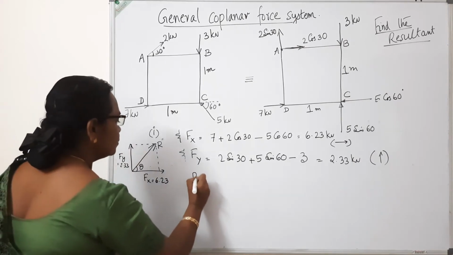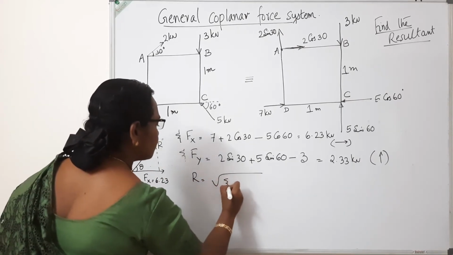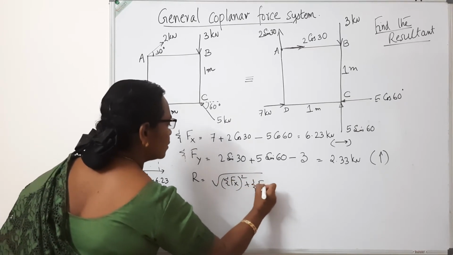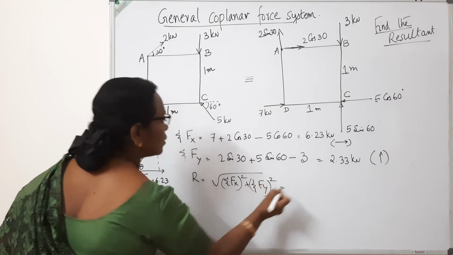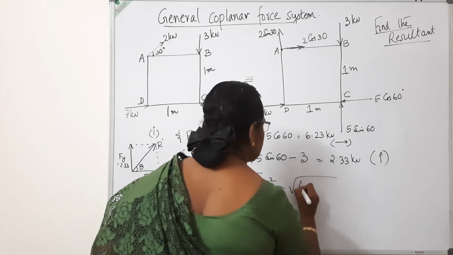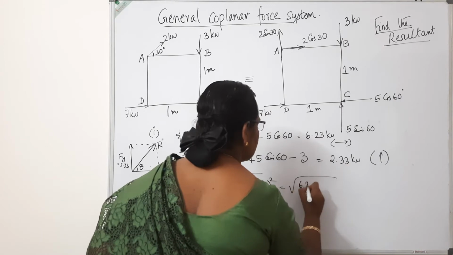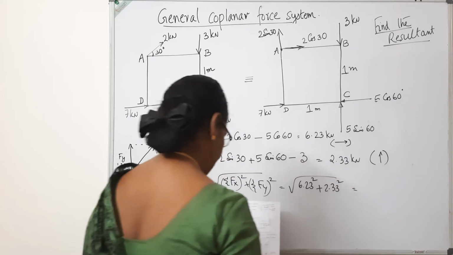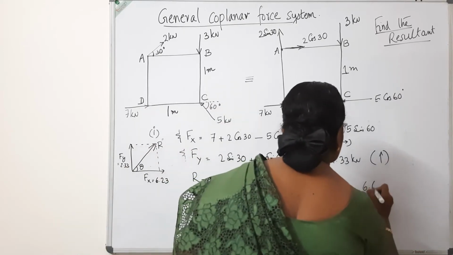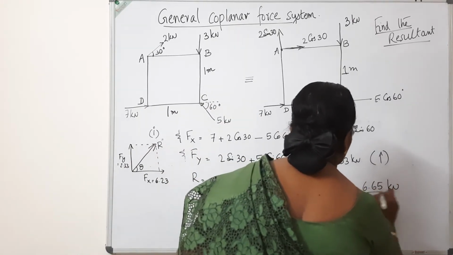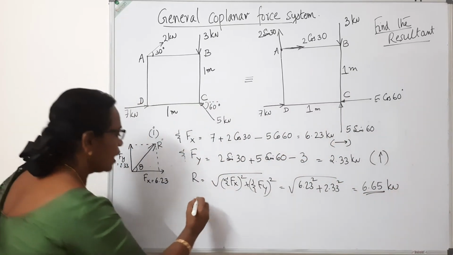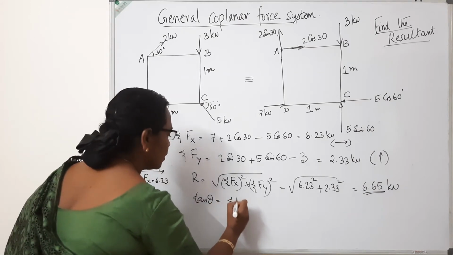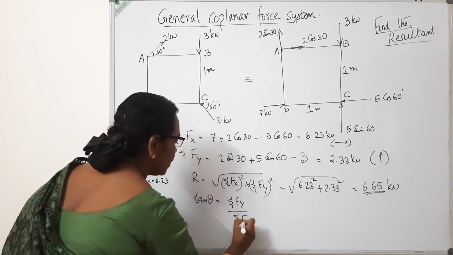So R is equal to root of sigma Fx square plus sigma Fy square, which will work out to root of 6.23 square plus 2.33 square, 6.65 kilonewton. And the direction: tan theta is equal to sigma Fy by sigma Fx.